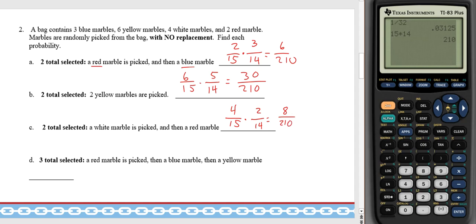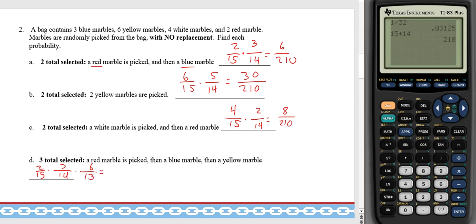In part D, we're picking 3 marbles now, right? So a red, 2 out of 15. And then a blue, be 3 out of 14. And then the third marble is yellow. That would be 6 out of 13.